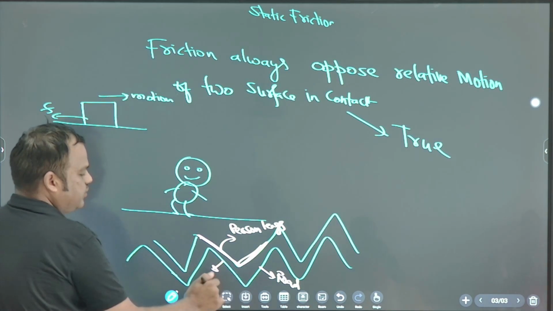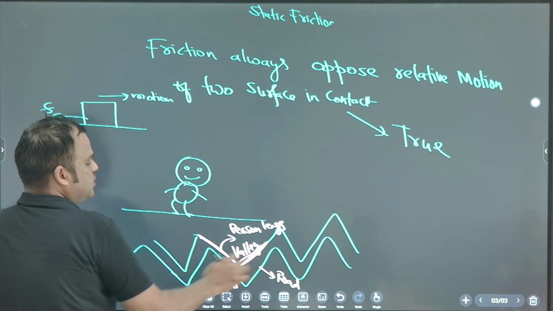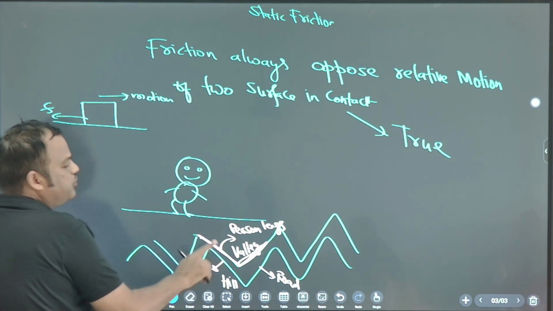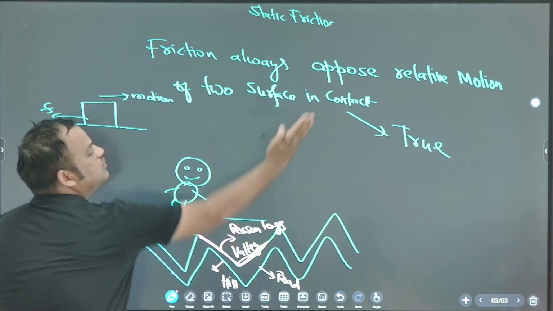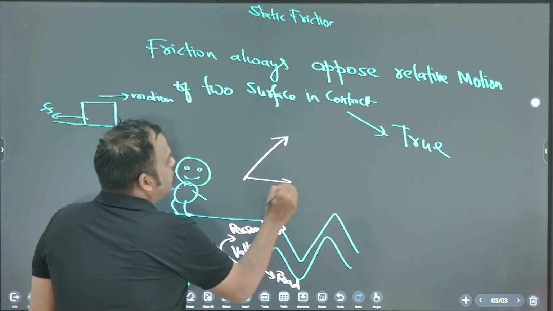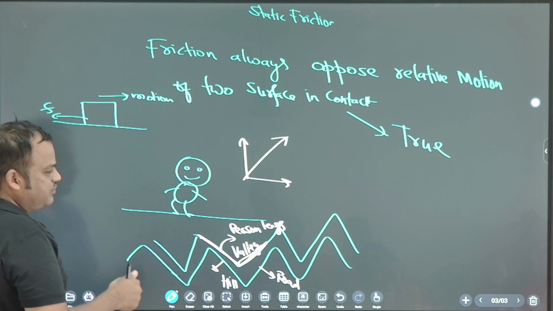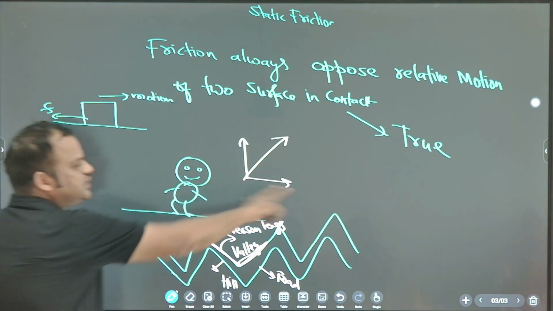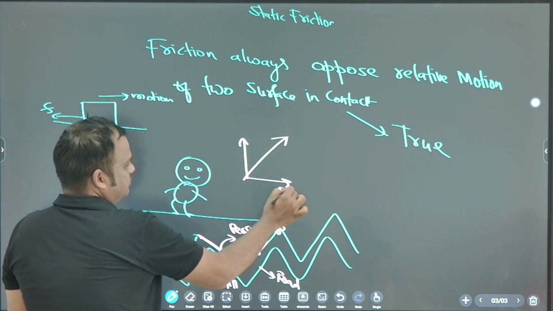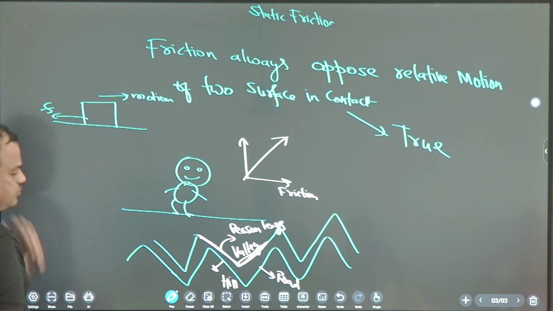This is known as hill, correct? Hill, and this is valley. So the valley will push the hill this way, and the hill will push the valley this way. Now this is the force on the person. It has components. So this horizontal component is where? Right side. So the person will go right side. So this is the friction force. Understood?